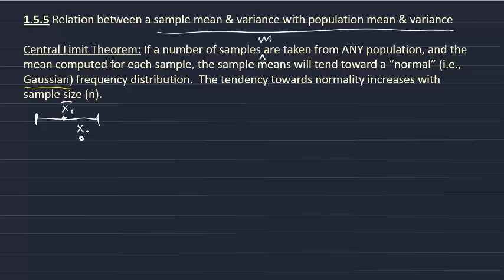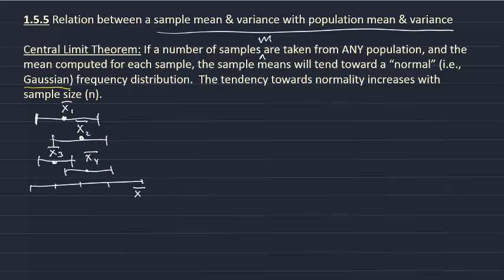The mean of our second sample might be slightly different. The mean of our third sample is slightly different yet, and so forth. So the horizontal axis is the value of x bar that we're measuring.